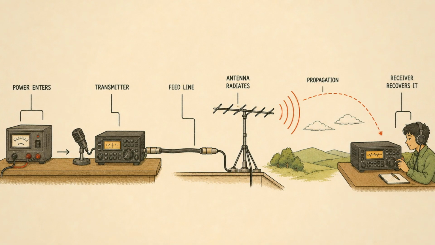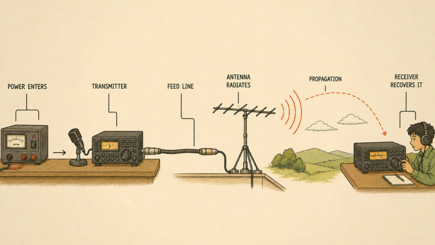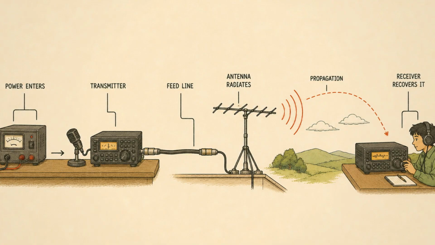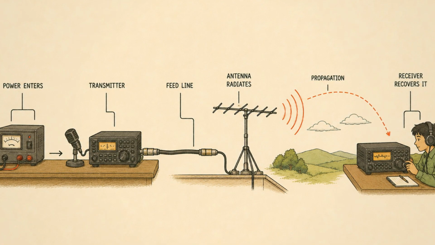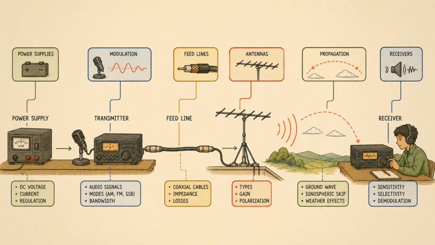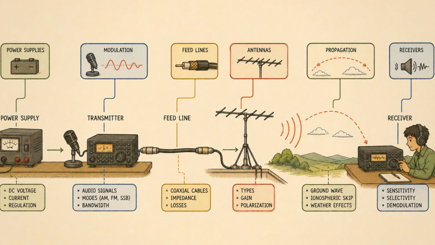The transmitter places information onto a radio frequency signal. The feed line carries it to the antenna. The antenna radiates it. Propagation determines where it travels. The receiver at the other end recovers the information. Once that chain makes sense, many apparently separate examination topics begin connecting to one another.